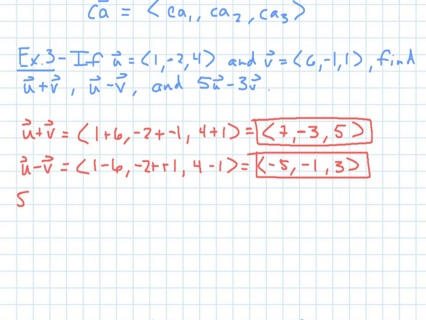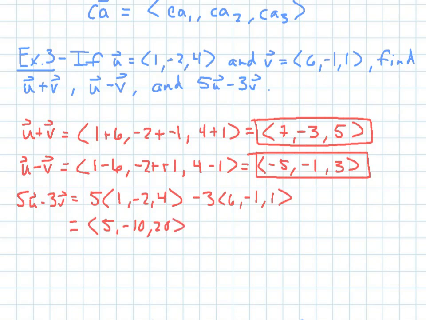So now if we put some scalars in there, let's write this out a little bit more. Distribute, so that makes it 5, -10, 20, and then let's make that a plus and multiply it all the way through, so -18, 3, -3.